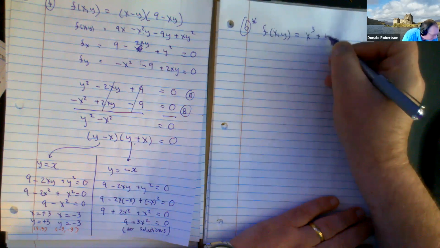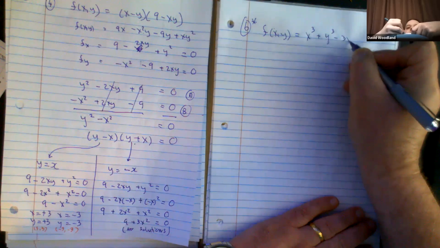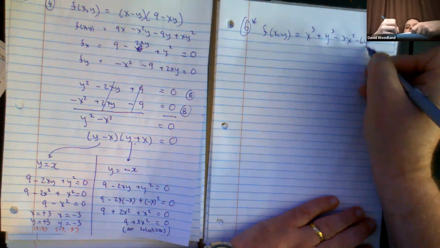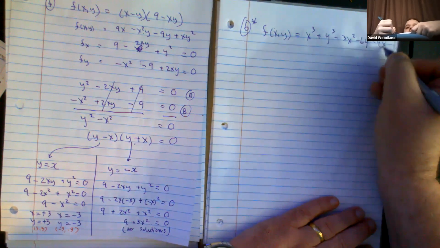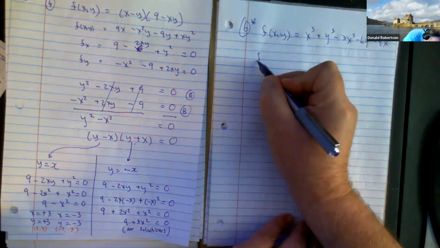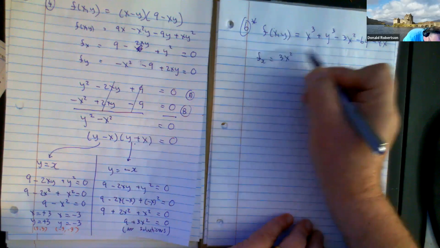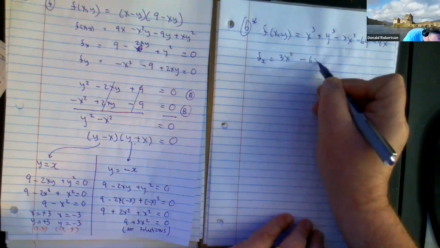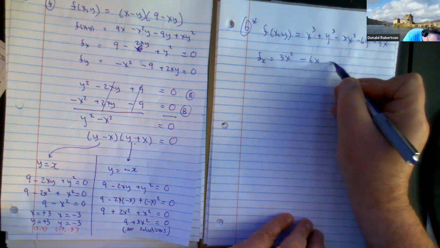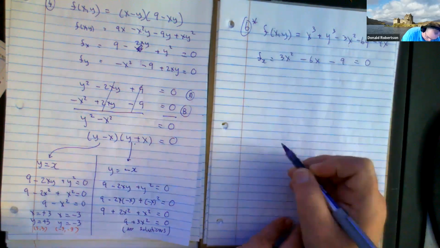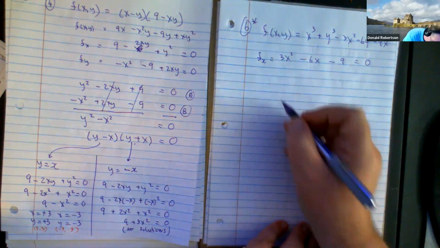So I have this fella. Whoa, okay. Partial derivative with respect to x. 3x squared, nothing. Take away 6x, nothing. Take away 9 equals 0. Okay, that is different.